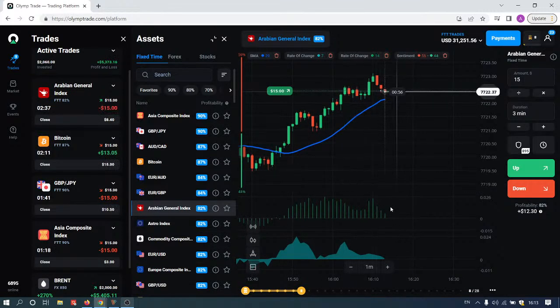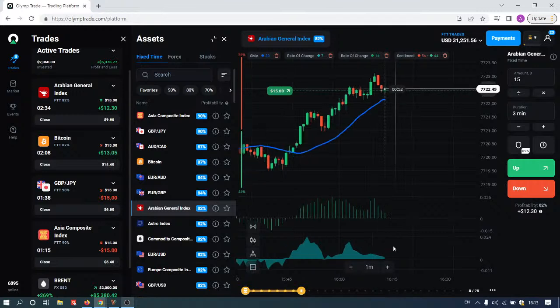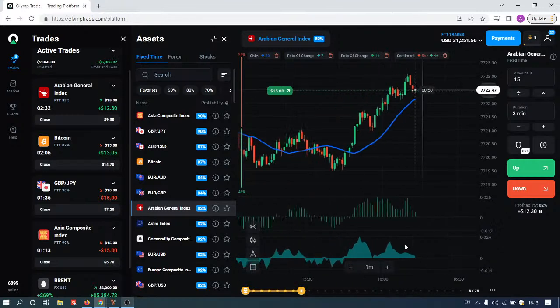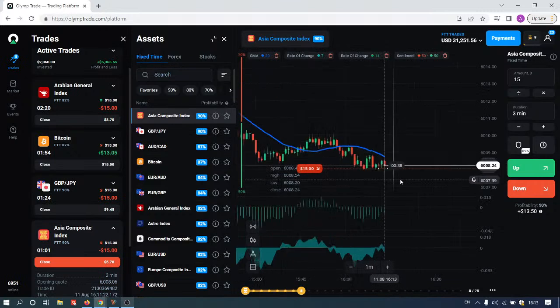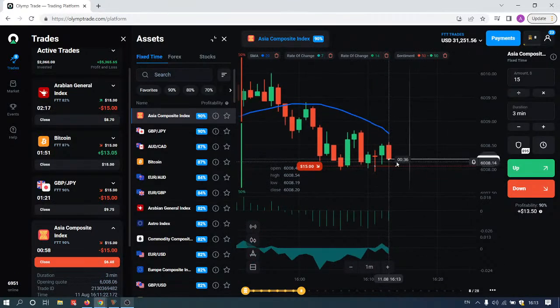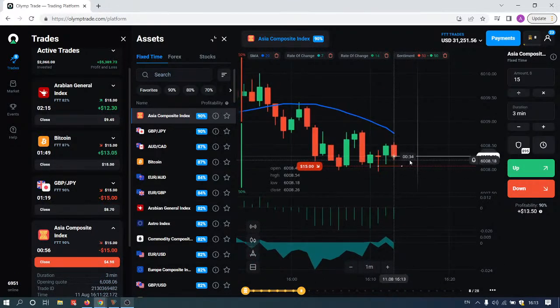With the 14 ROC, we are above the middle line. And the last layer of confirmation is here: the rate of change with a period of 7, we are also above the middle line. So this trade here, I think we still have pretty good chances of winning on Asia Composite Index.